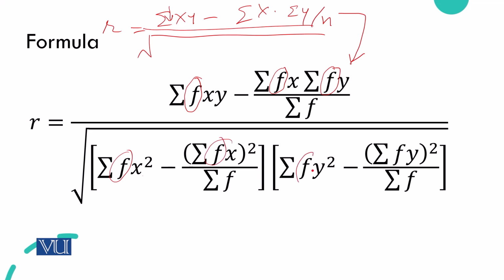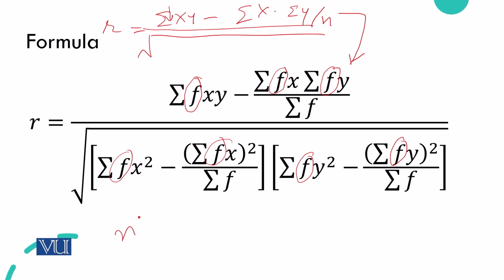So in the calculation, we have to compute all these columns and rows in which frequency is multiplied by xy, x square, y square, and y. And then take the summation of all these rows and columns.